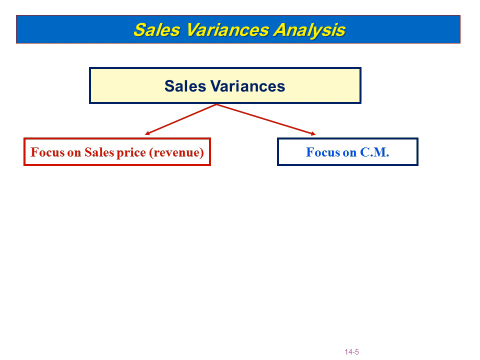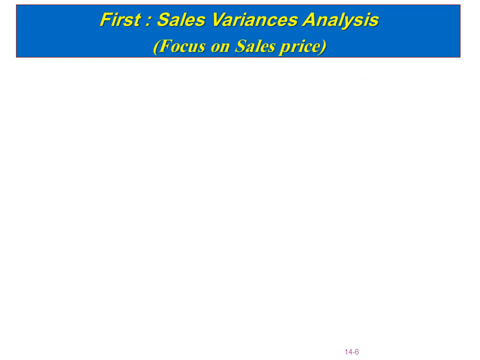The first one, I will use sales price to analyze sales variances, or I use contribution margin. Let's begin now with the first part. Yes, my first part is sales variances analysis using sales price. Again, using sales price.